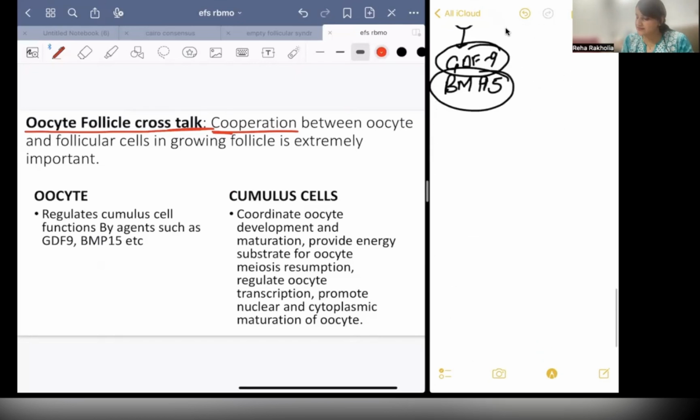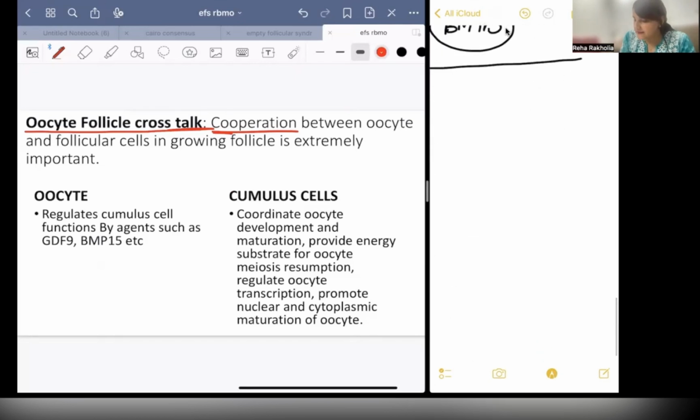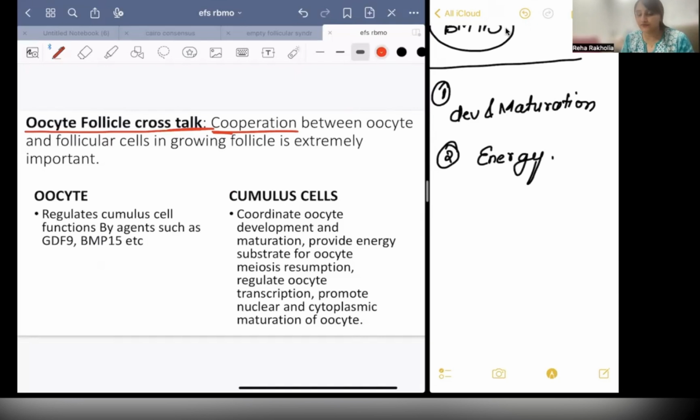And how do cumulus cells regulate the oocyte? By coordinating oocyte development and maturation. First of all, it coordinates oocyte and cumulus cell. Then it provides energy for resumption of meiosis.